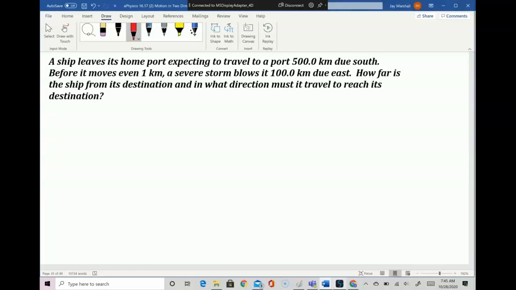Now, you have to be able to read this problem and know that expecting to travel to a port 500 kilometers due south is the final value. That's my answer. That's my resultant. That's where I'm supposed to end up. Okay? So that's the final value.